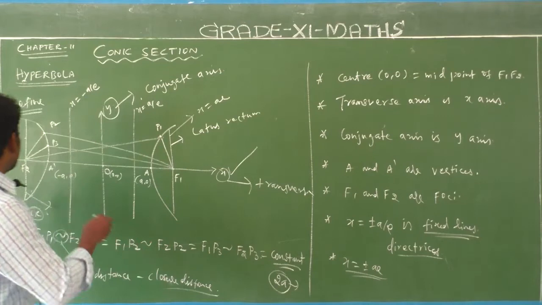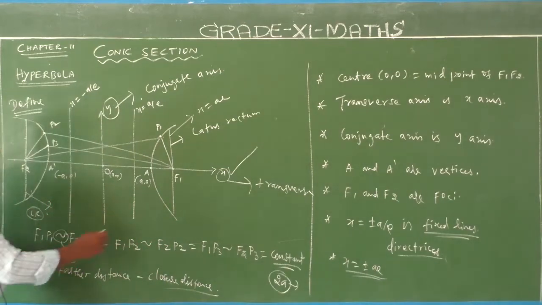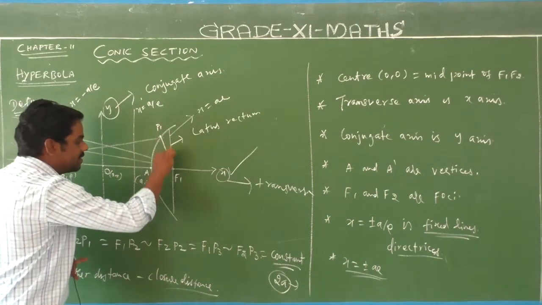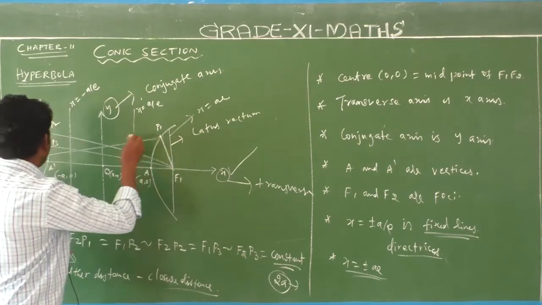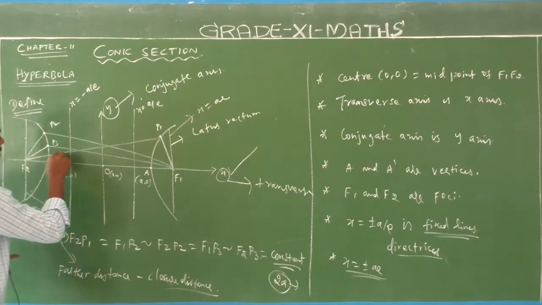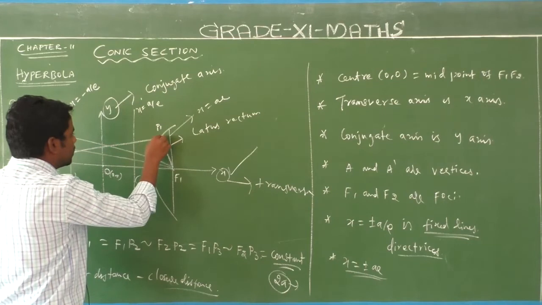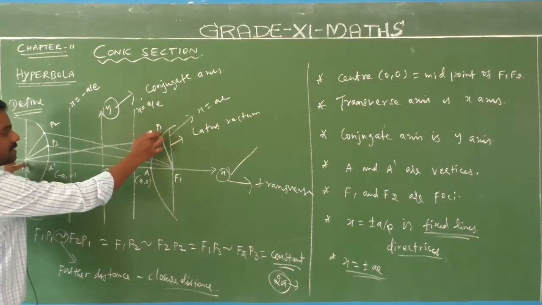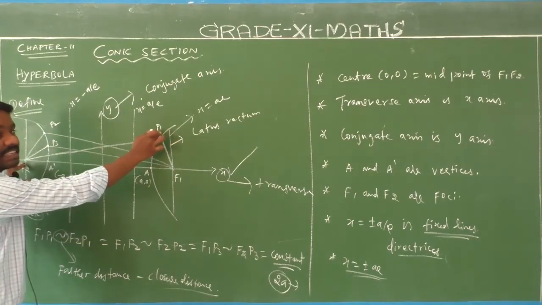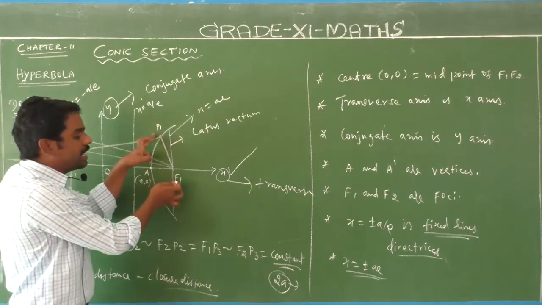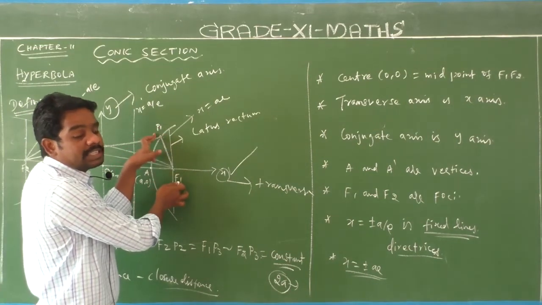Here listen, this is F1P1 and this line is F2P1. See here, F2P1 is the longest distance, the furthest distance, and F1P1 is the smallest, the closest distance.